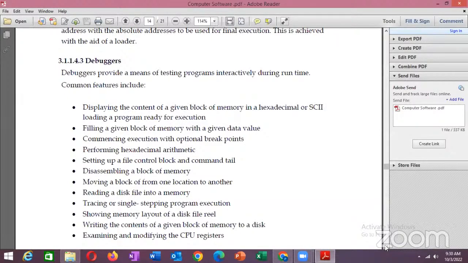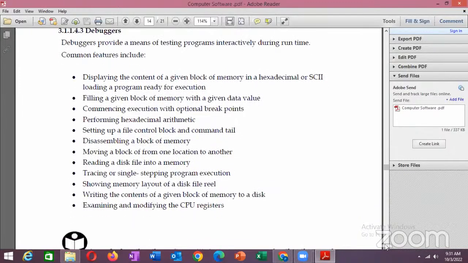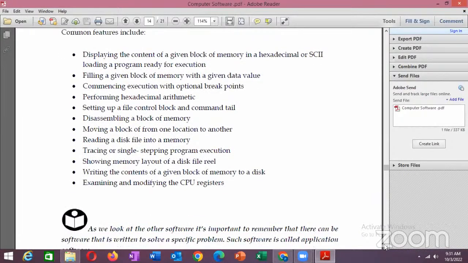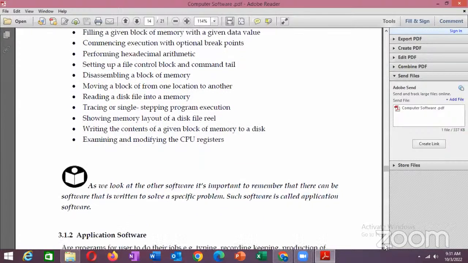So the common features include displaying the content of a given block of memory in hexadecimal and ASCII, loading a program ready for execution, filling a given block of memory with a given data value, commencing execution with optional breakpoints, performing hexadecimal arithmetic, setting up file control block and the command tail, disassembling a block of memory, moving a block from one location to another, reading a disk file into memory, tracing and single stepping program execution, showing memory layout of a disk file, writing the contents of a given block of memory to a disk, then examining and modifying the CPU registers.